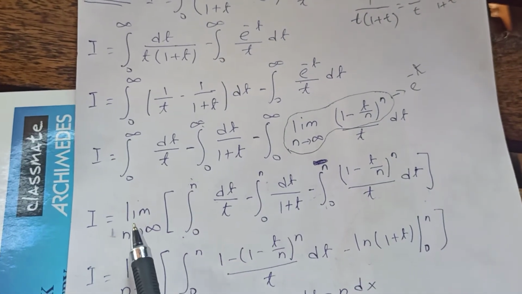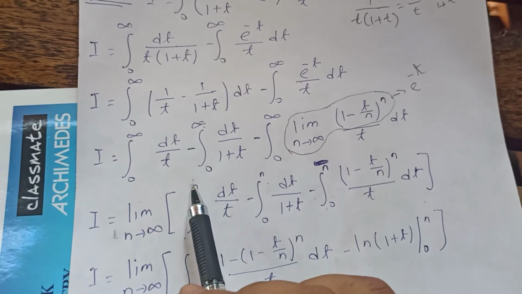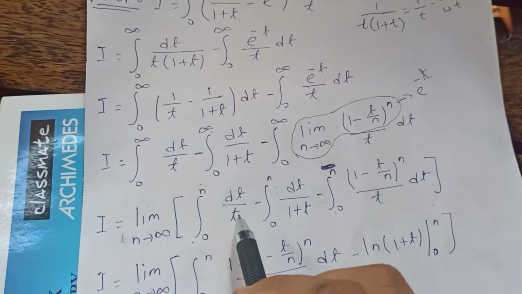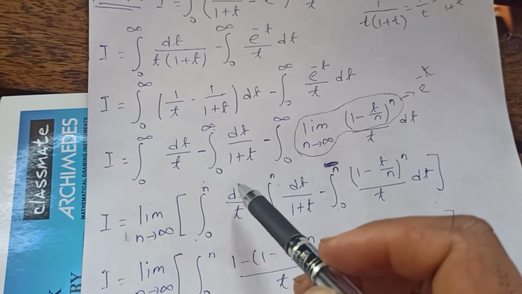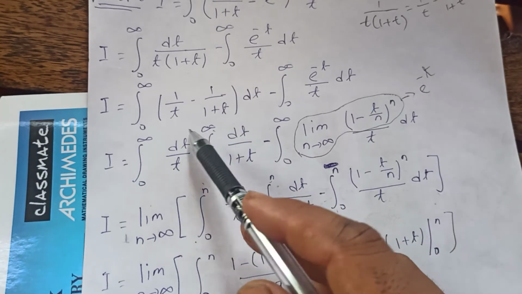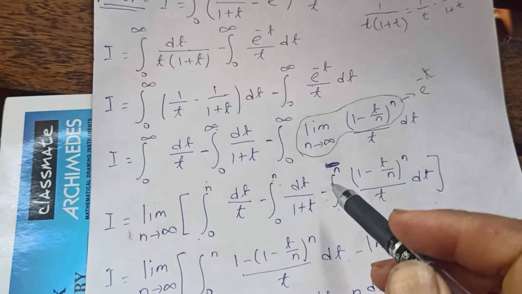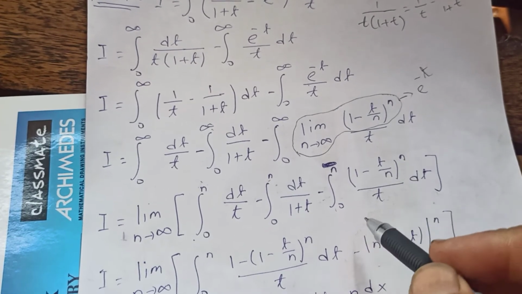So the limit as n tends to infinity, with the integral from 0 to n, because n tends to infinity here: dt/t minus the integral from 0 to n of dt/(1+t). I hope you're clear, the infinity is replaced by n. Minus the integral from 0 to n of (1 - t/n)^n/t dt.